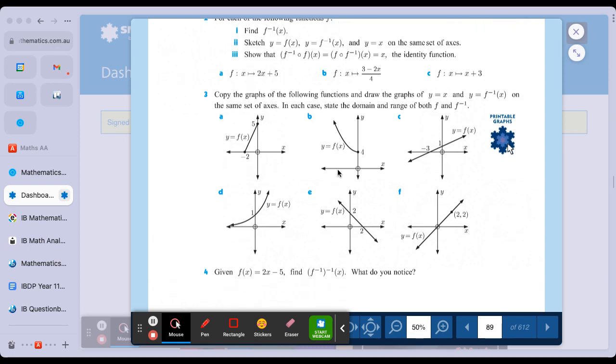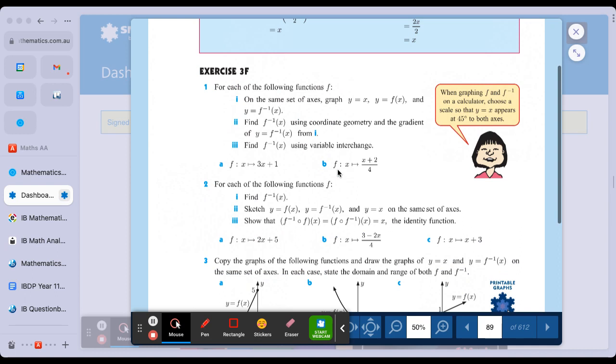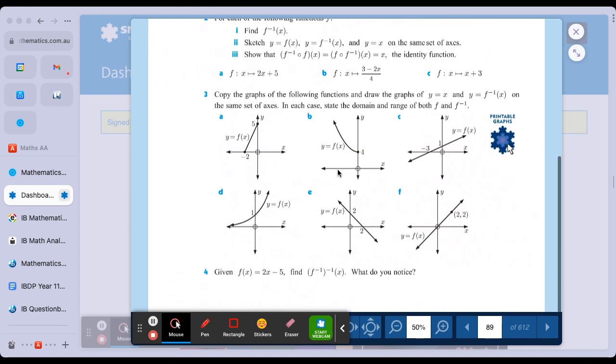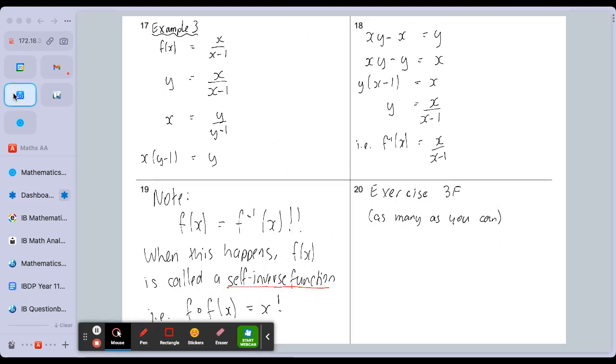But I think generally speaking, you should be right. So questions 1 and 2, just find the inverse, and then question 3 onwards, see how you go with it.